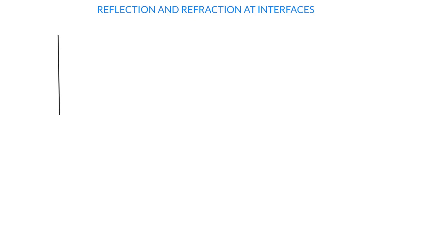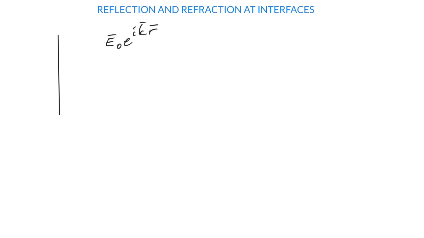Let's examine one interface in a system and consider the matching of the fields on the two sides of it. First of all, we notice that the matching of the plane waves on the two sides should involve only waves with the same projection of the wave vector onto the interface. So we have waves that look like E naught e to the i k r.